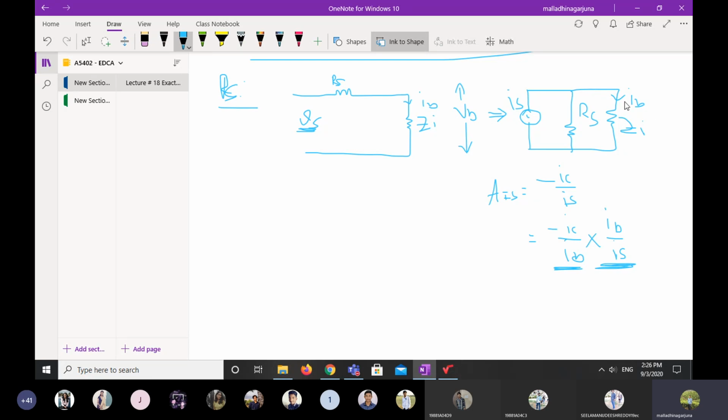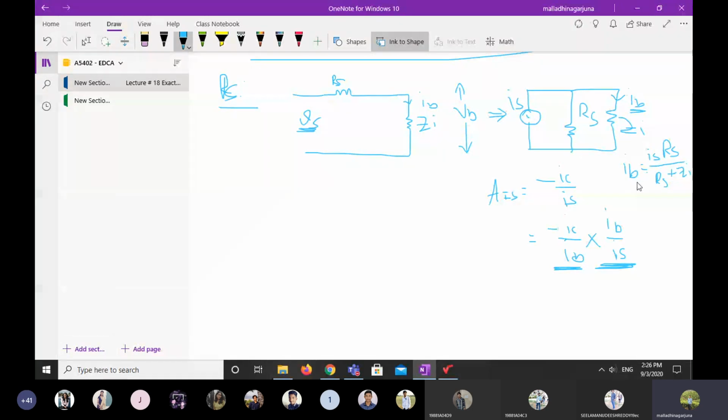So apply Norton's theorem here. IB is equal to Is Rs divided by Rs plus Zi.